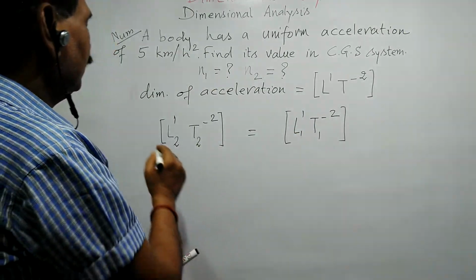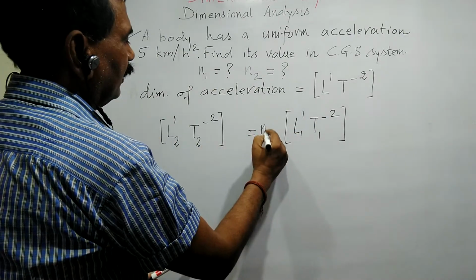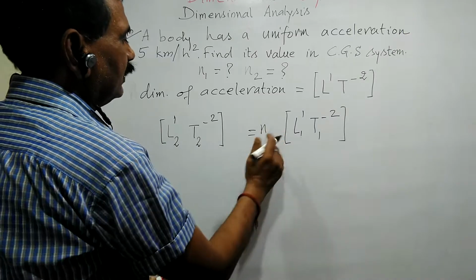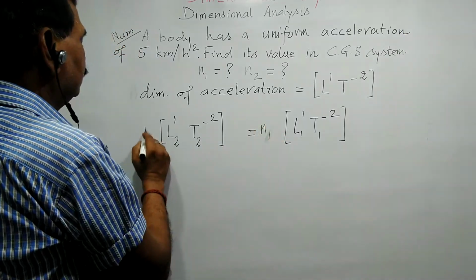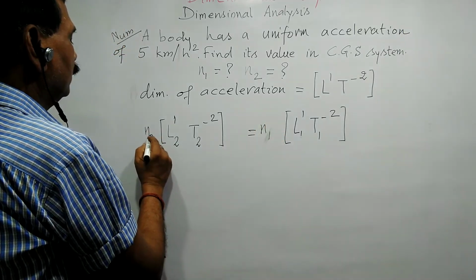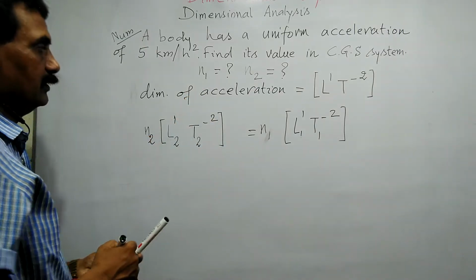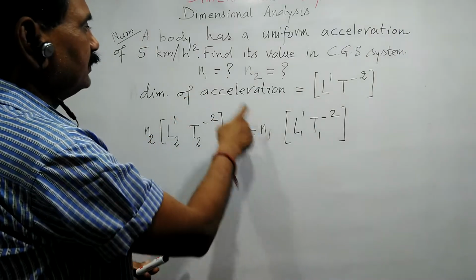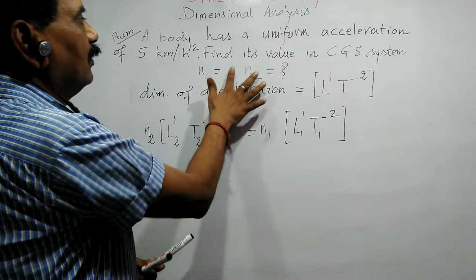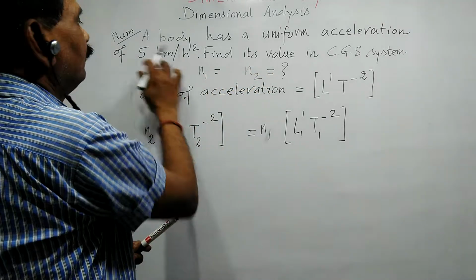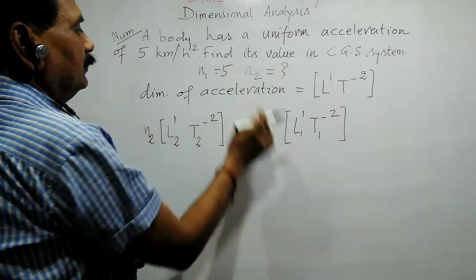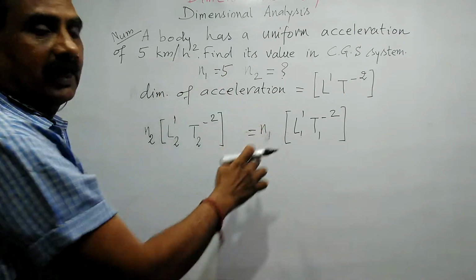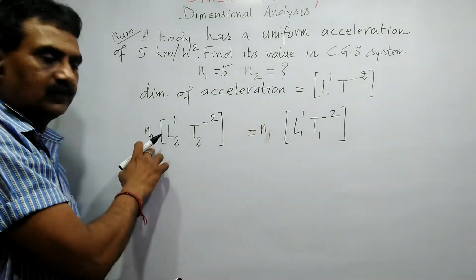Now we write down the numerical values. N1 is already given, that is 5, and we have to find the value of N2.